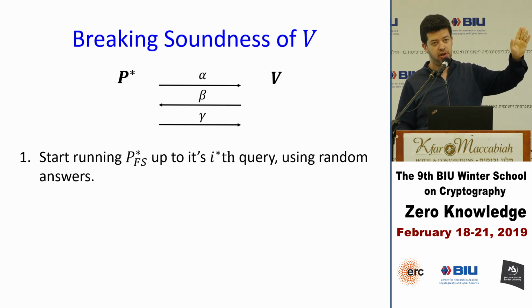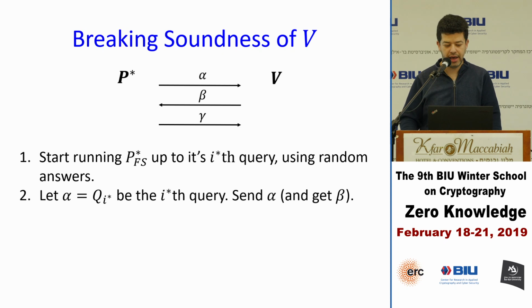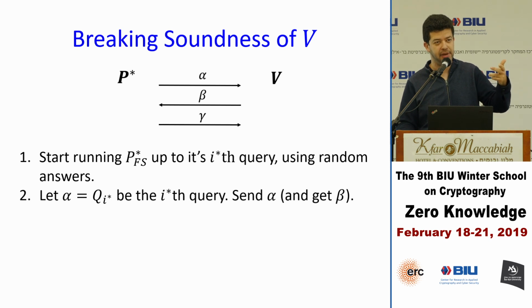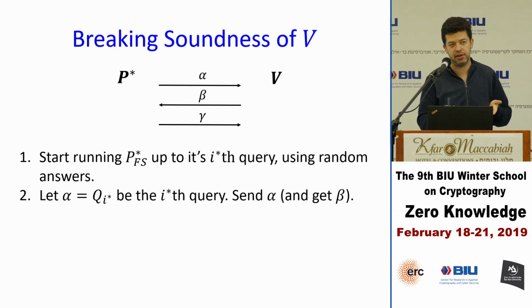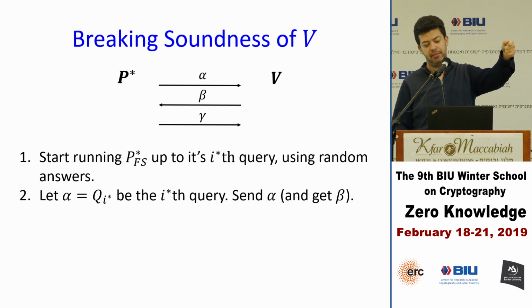I'm not going to answer the i-star query yet, but I have in my hand all these queries. I define alpha to be the query that the prover just made, and I send this alpha to the verifier. So again, I simulate the prover, wait until the i-star query, and once I get it, I send it over as my message alpha.